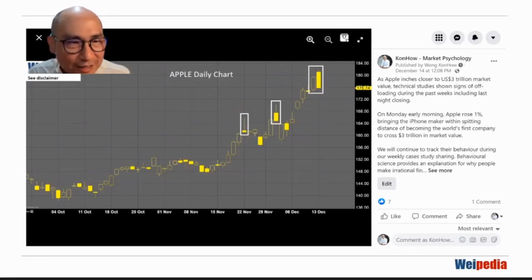I just felt that in this uptrend that Apple is experiencing right now, there was a lot of cash out. How can I tell? Through all this behavior: 2 inverted hammers, 1 bearish engulfing body. Though it gives me an uptrend, I could read into the market that it seems like there's a lot of cash out going on in Apple. So this was my idea. On the 14th of December, I shared that on my Facebook page.